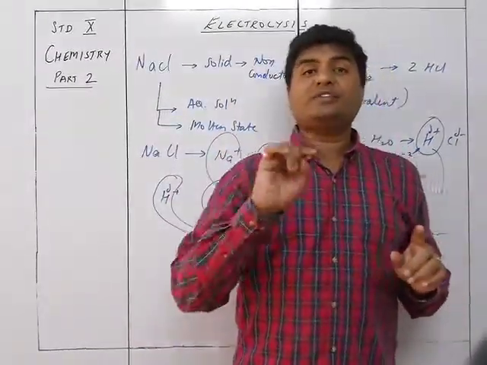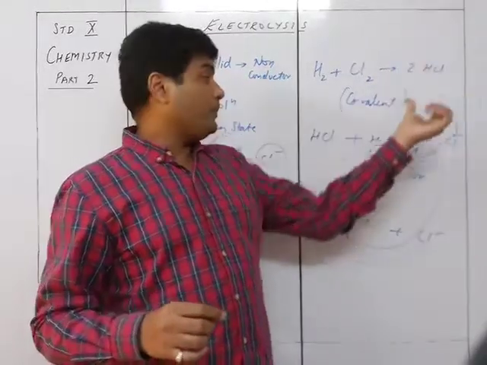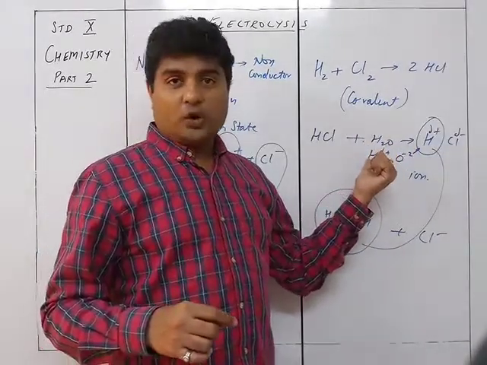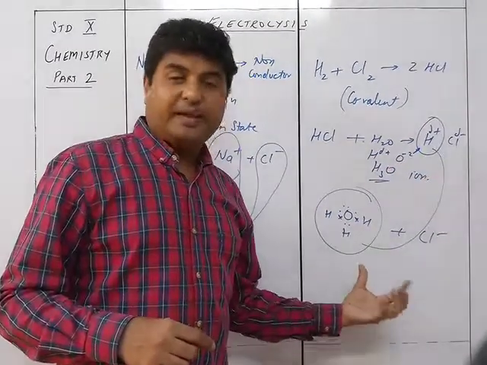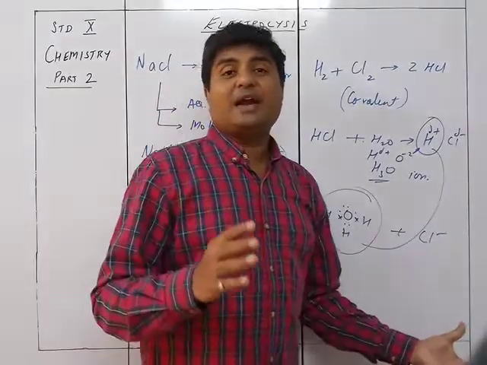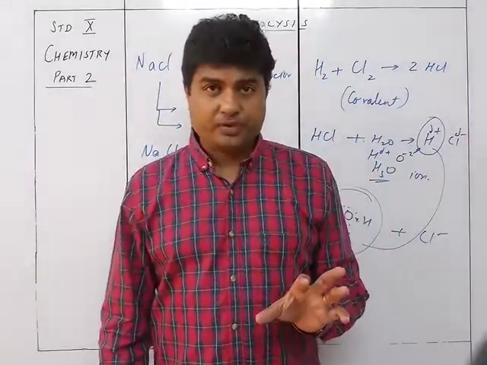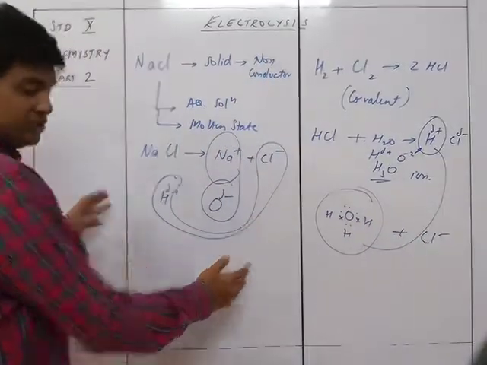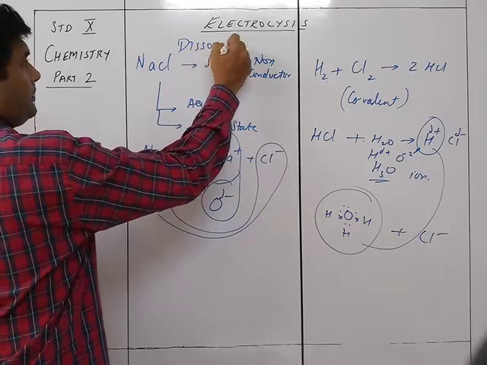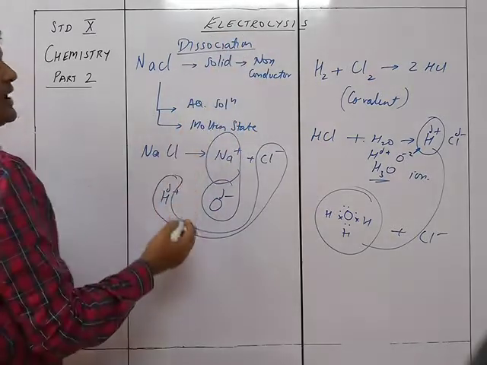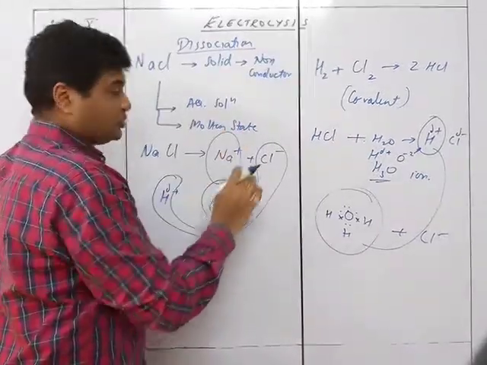dissociation, ionization takes place. Over here what has happened? It was neutral, but because of the presence of water, it got into ions. Such a formation of ions is called ionization. This is connected to dissociation. In dissociation, something that is already made of ions is split.